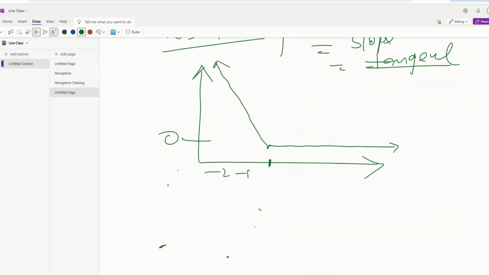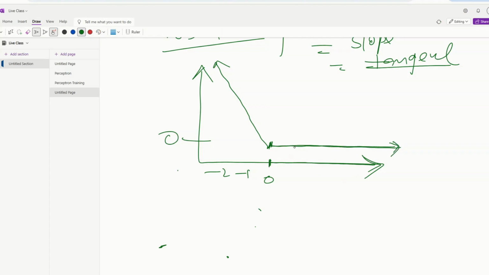Now if I ask you to draw a tangent, suppose this is my 0. Draw the tangent in the positive region, in this region. This is my loss function graph, and I want to draw a tangent on this line.